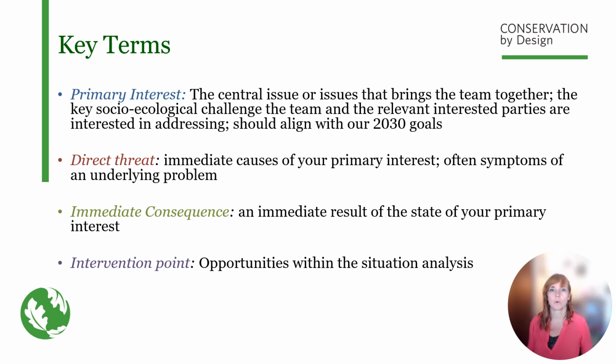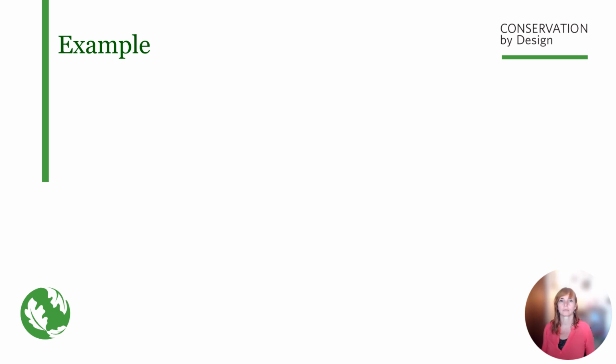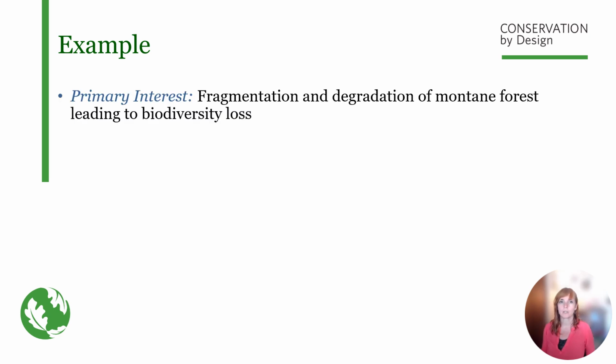And an intervention point are opportunities within the situation analysis diagram where if an intervention were to take place, it could result in a positive impact on your primary interest. So to bring this to light a little bit, I'll provide an example. So a primary interest might be fragmentation and degradation of montane forest leading to biodiversity loss.